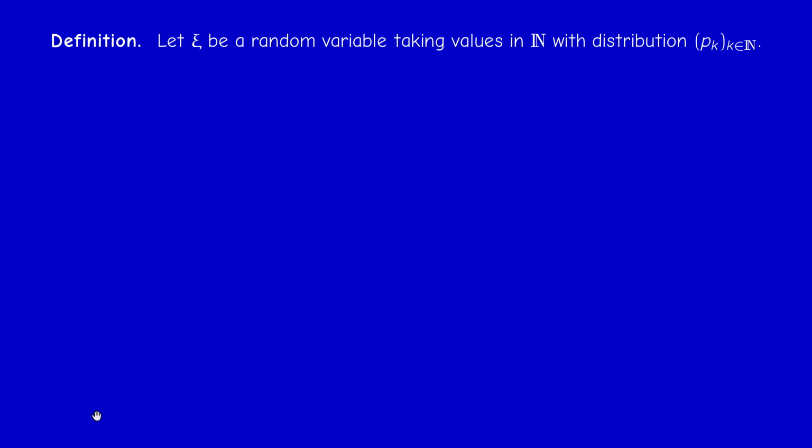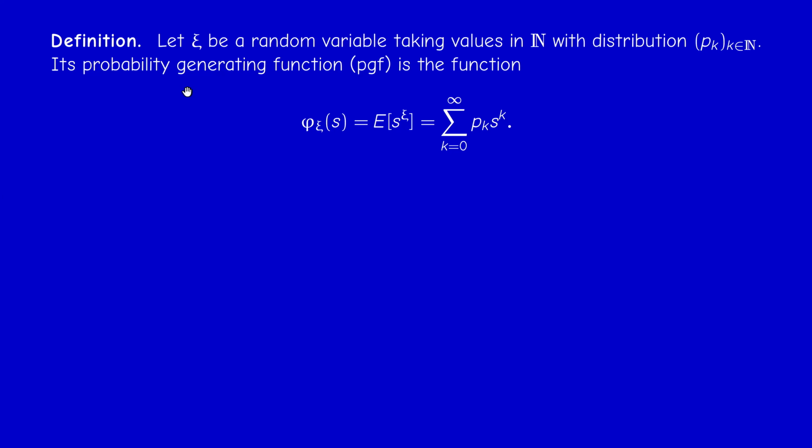Definition: if xi is a random variable taking integer values with distribution pk, the probability generating function, PGF, of xi is by definition the mathematical expectation, at the point s, which is a variable, of s to the xi.